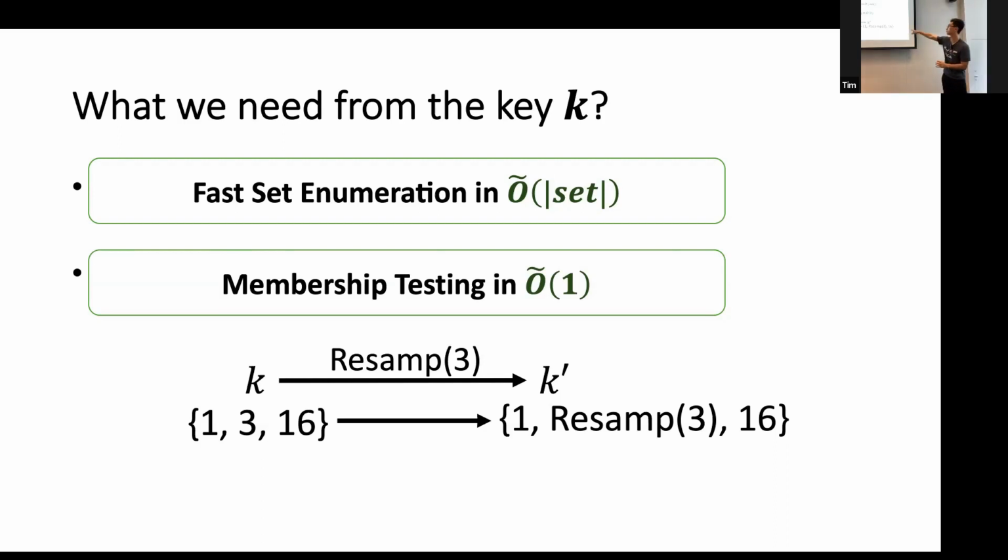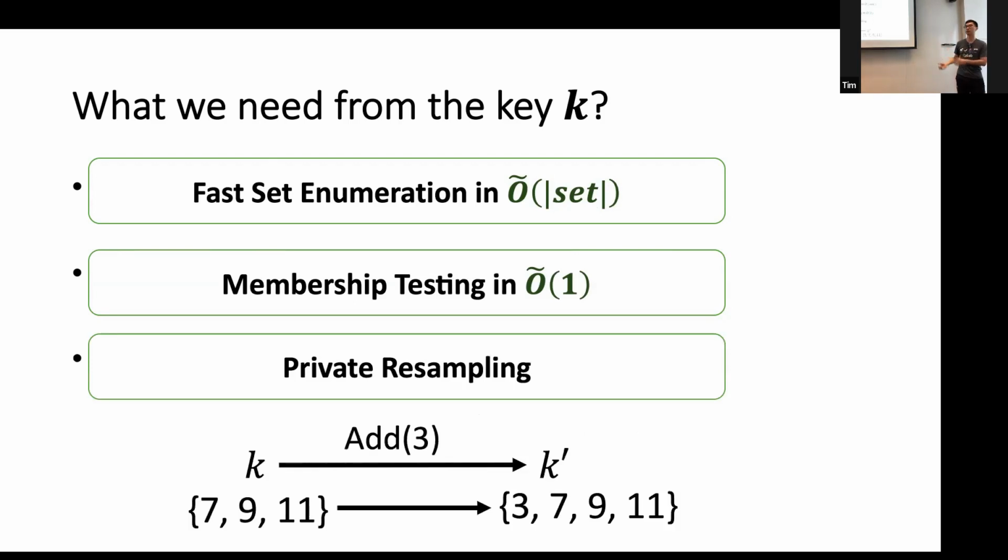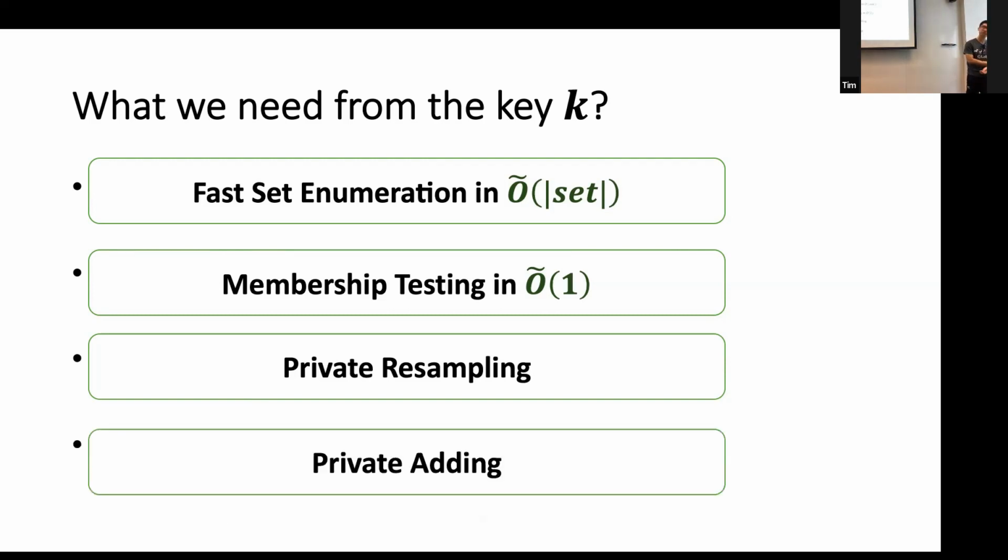If 3 is kept in this set, then the server sees 1, 3, 16 the same way. So it's private resampling. And the final thing is adding. Remember that when we refresh the set, we need to add 3 to the set. So we want an adding operation, and this also needs to be private. So these are the 4 requirements we need for our special set representation.